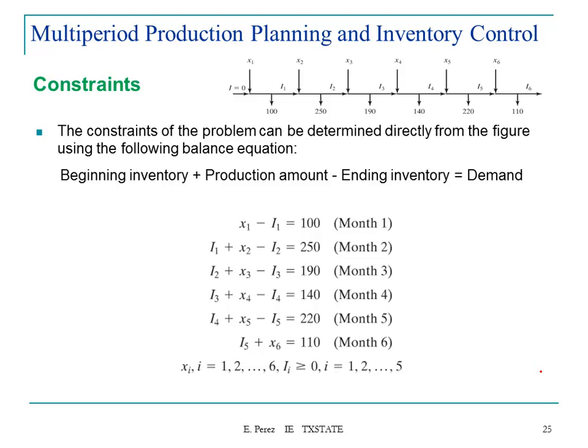So now let's look at the constraints. We're going to be using this diagram one more time to define our constraints. The constraint of the problem can be determined directly from the figure. Essentially you need to satisfy a demand, which are those arrows here, per month. So you're going to have the constraint per month.